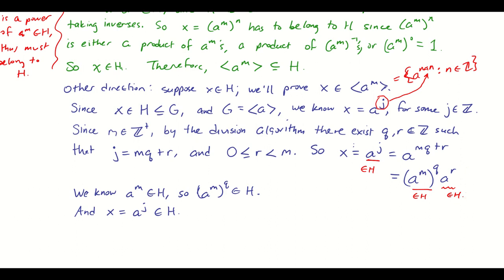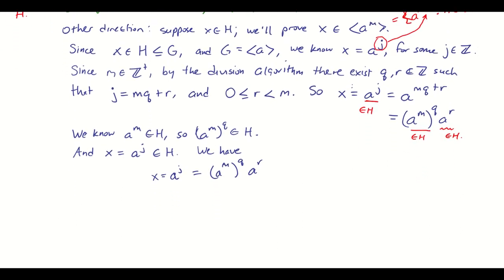So let's write that down. All right, so we have a to the j, which is x, is equal to a to the m to the q times a to the r. Now let's move it down a bit.